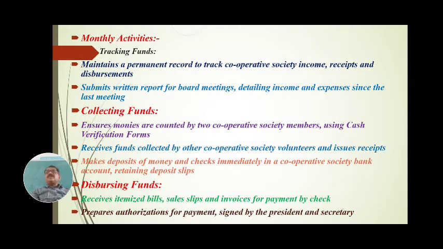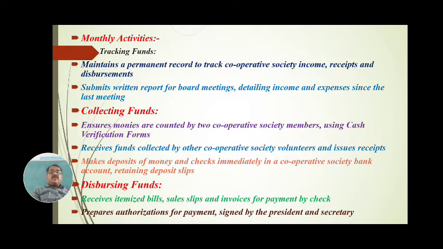The funds of the cooperative society are to be collected by the treasurer, and that's why the monthly activities are tracking funds: maintain a permanent record to track the cooperative society income, maintain receipts prepared by the members, maintain disbursements performed by the members. All these daily and monthly activities are performed by members and maintained by the treasurer.